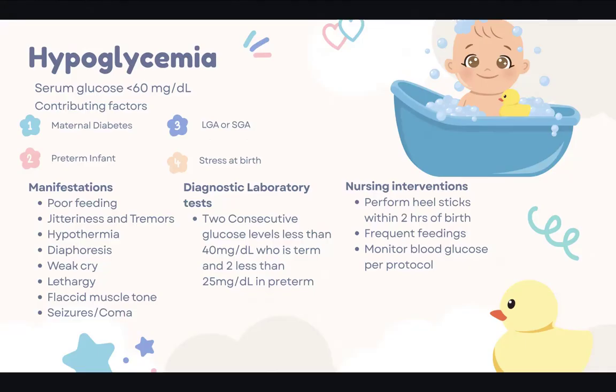Some signs are going to be poor feeding, jitteriness, diaphoresis, weak cry, or lethargy. We're going to confirm the hypoglycemia with 2 consecutive low blood glucose readings. And obviously, the intervention with that is a heel stick within 2 hours of birth, making sure that we're giving frequent feedings, and we're going to monitor their glucose per protocol.